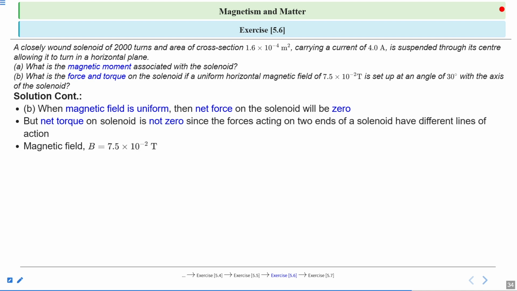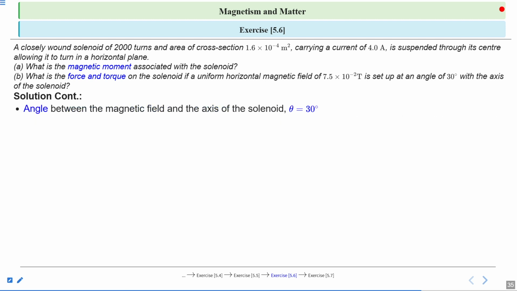So magnetic field B is equal to 7.5 into 10 to the power minus 2 Tesla. The magnitude of torque is given by tau equal to MB sin theta, NCERT equation 5.2. We are concerned about magnitude only. Now the angle between the magnetic field and axis of the solenoid is given, also 30 degree.